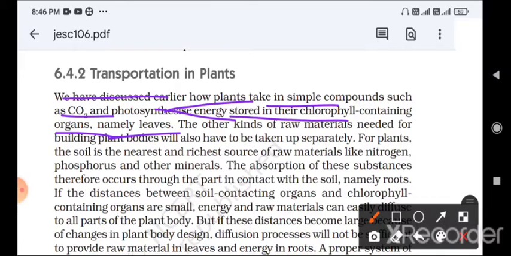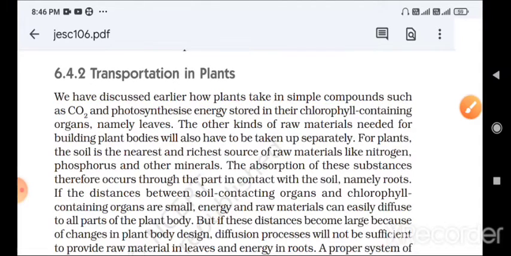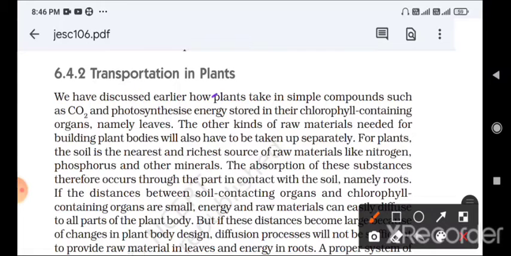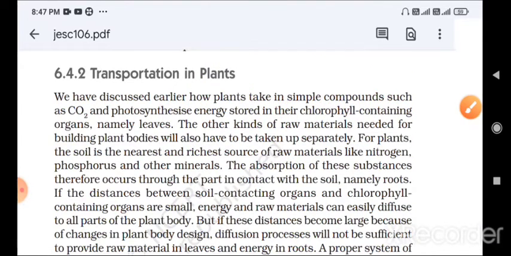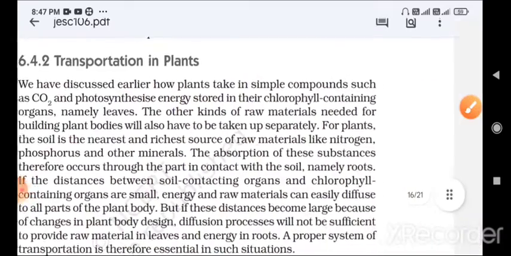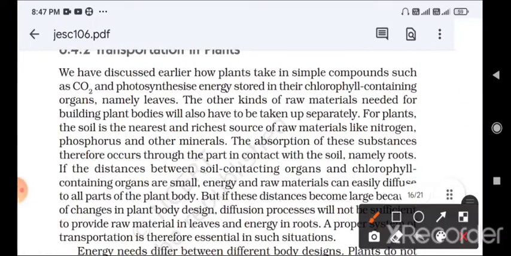Plants take carbon dioxide and create food by the process of photosynthesis, and the energy is stored in the leaves. In what form? We can call that starch. The energy stored in the leaves is called starch. We already studied this in our previous classes.